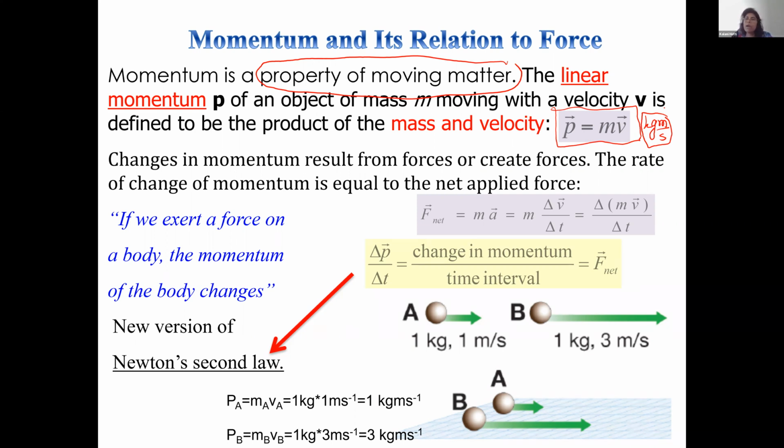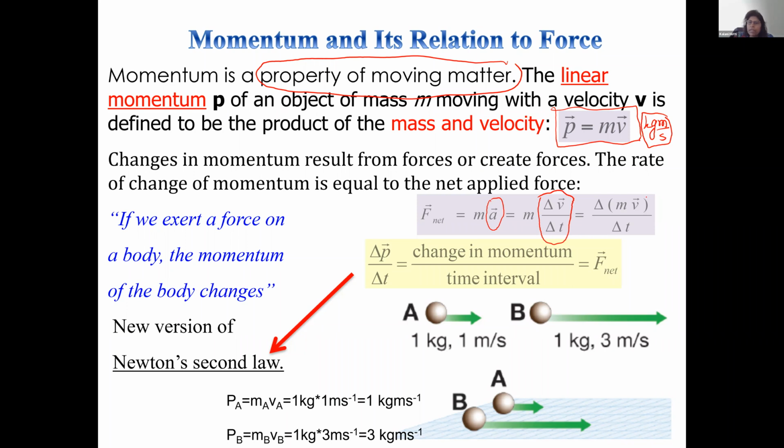Now how is this momentum related to Newton's second law, how is it related to force? If there is a mass, and that object is moving with velocity v, this object has momentum. So how are we going to relate that to force? Force equals mass times acceleration according to Newton's second law, and we know that acceleration is the rate of change of velocity.